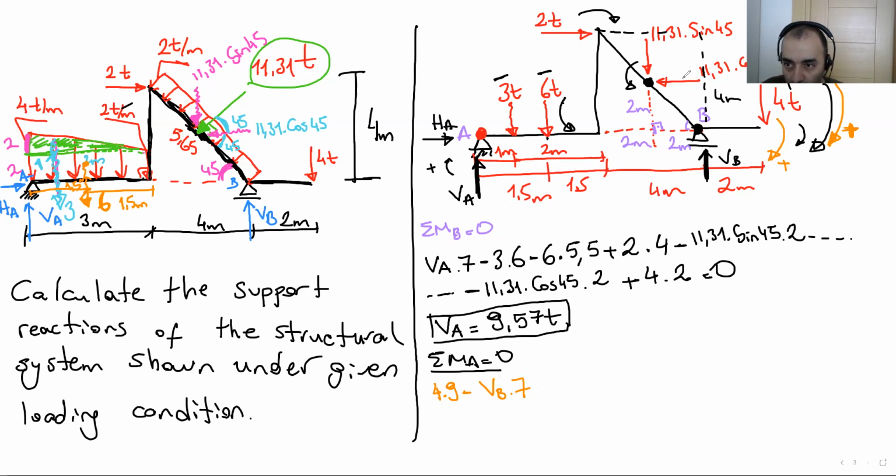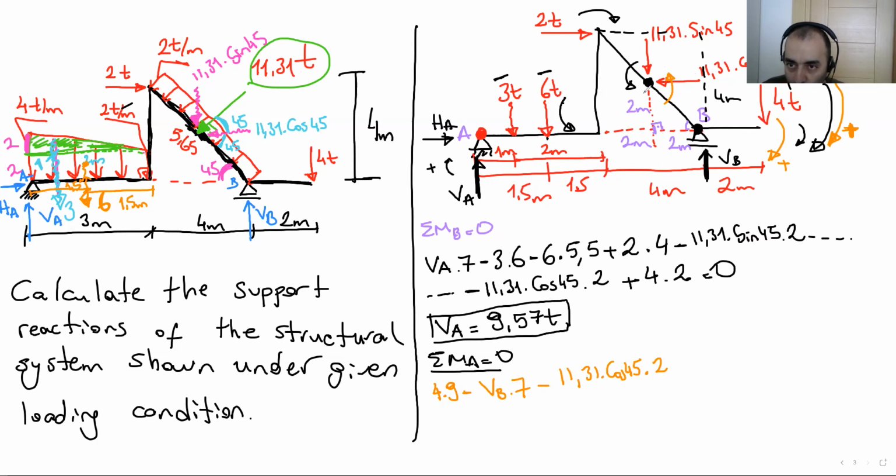What do we have here? We have a horizontal one. It rotates the system in negative direction because this rotates the system in this direction. So minus 11.31 times cosine 45 times distance 2. We did the horizontal one.